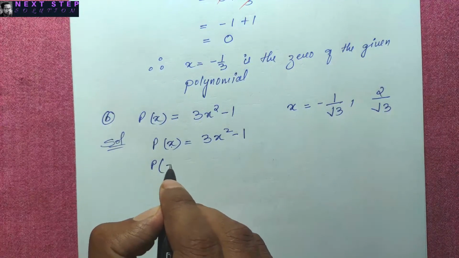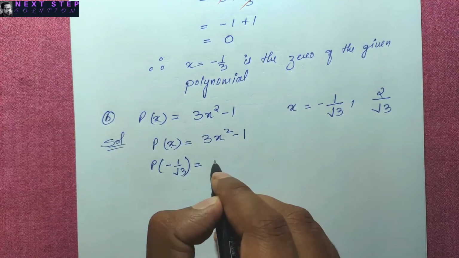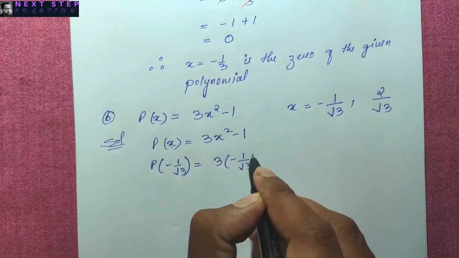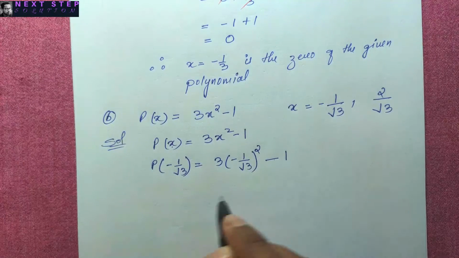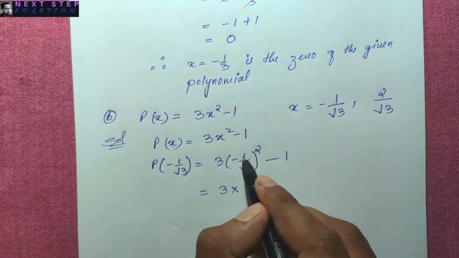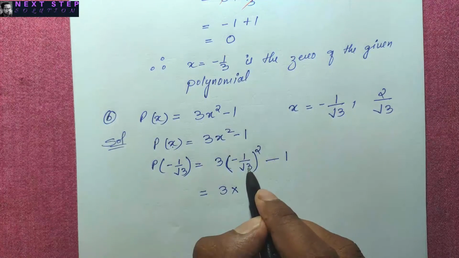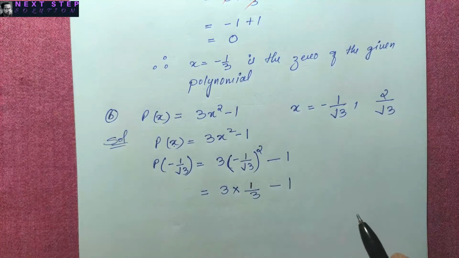So this x becomes minus 1 by root 3 equals, this 3 will remain as it is. This x becomes minus 1 by root 3. Then this square remains as it is, minus remains as it is, and 1 also remains as it is, equals 3 multiplied with, this square is for everything inside the bracket, minus 1 square becomes 1, root 3 square becomes 3, minus 1 will remain as it is.